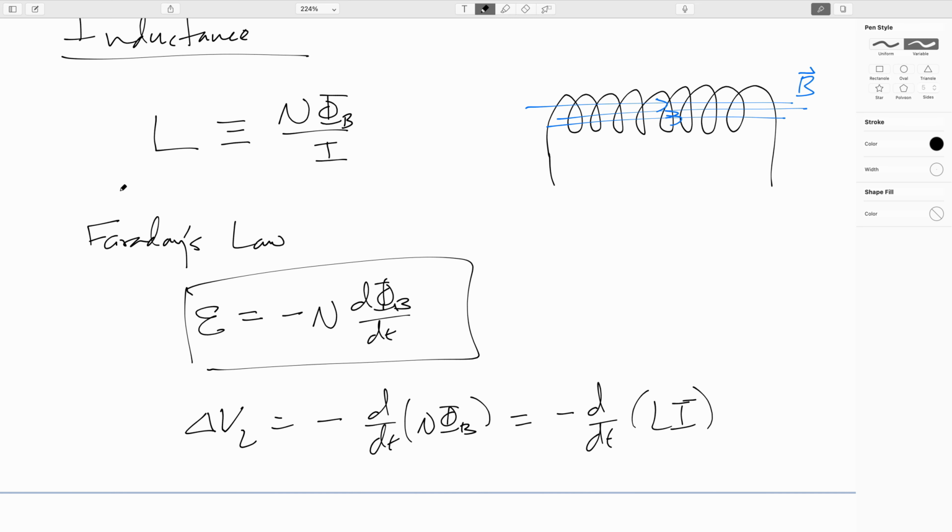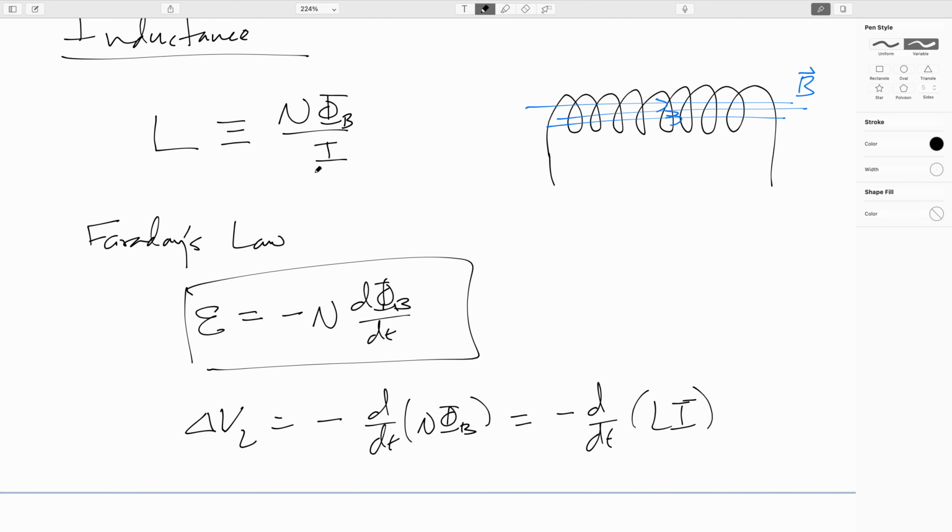Now, the idea with the inductance here is that this depends purely on the details of the shape of this. The magnetic fields, the flux linkage depend on the number of turns. That's a detail of construction. The flux will depend on the area and the magnetic field strength. The magnetic field strength will depend on the shape of how these coils are turned and on the current.